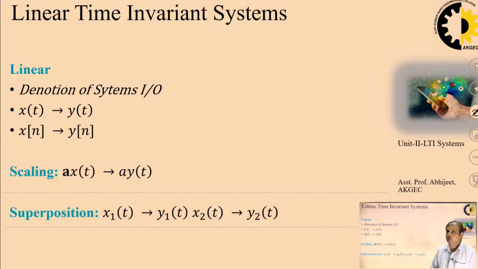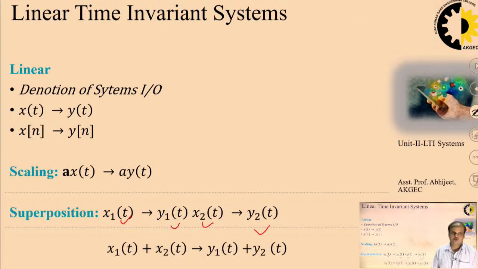The superposition is that if x1(t) produces y1(t), and if x2(t) produces y2(t), then the superposition of the inputs, that is to say input x1 combined with x2, will generate y1 plus y2. If for any system the two properties, scaling and superposition, are satisfied simultaneously, the system is said to be linear. That's the first definition.